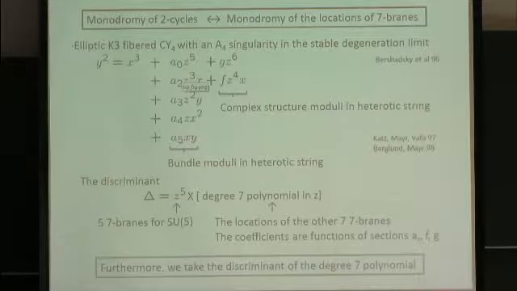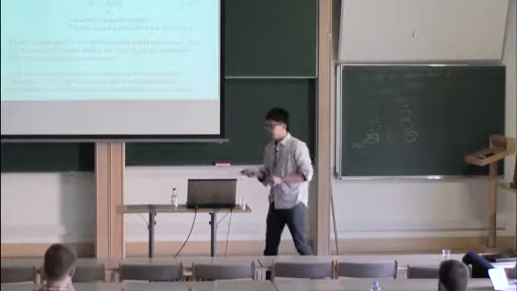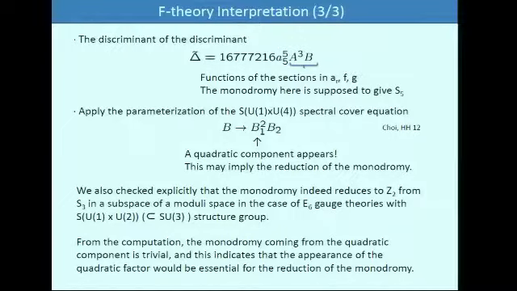So in order to see whether the monodromy of those branes is reduced or not, we further look at the discriminant of this polynomial. So we are going to focus on the discriminant of the Calabi-Yau equation. Actually the discriminant is really complicated and I cannot write it in one slide, so I just write it in a very schematic way.